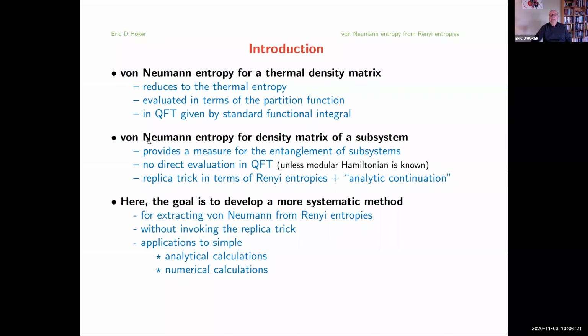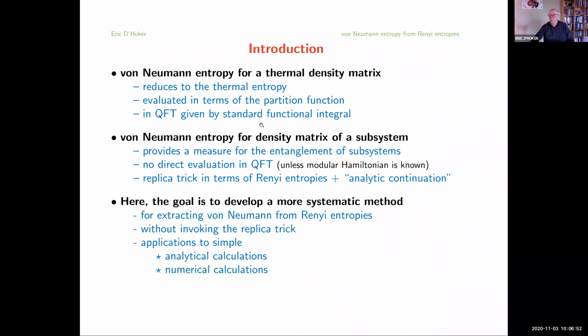Now, on the other hand, you can also have a density matrix which does not arise from a thermal situation or thermal ensemble. For example, when you have the density matrix associated to a subsystem of a full quantum system. For those kinds of density matrices too, you can define the von Neumann entropy, as we will see, by the same formula.